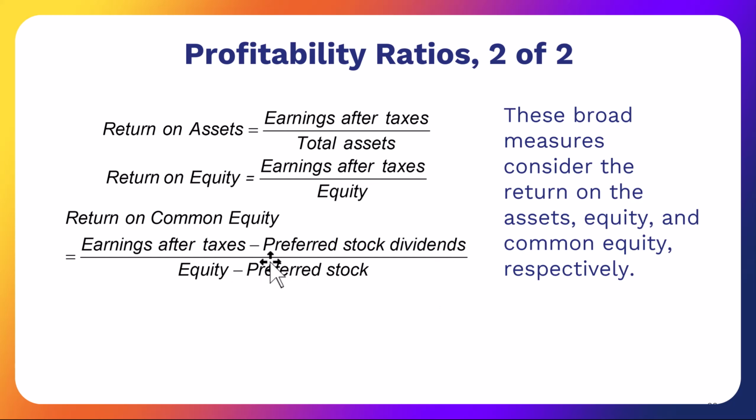This tells us about the common equity piece. Since most companies don't have preferred stocks, we usually just refer to the return on equity number. But in case there is preferred stock, you would like to be able to work that piece out to understand what the return is on the actual common shareholders.